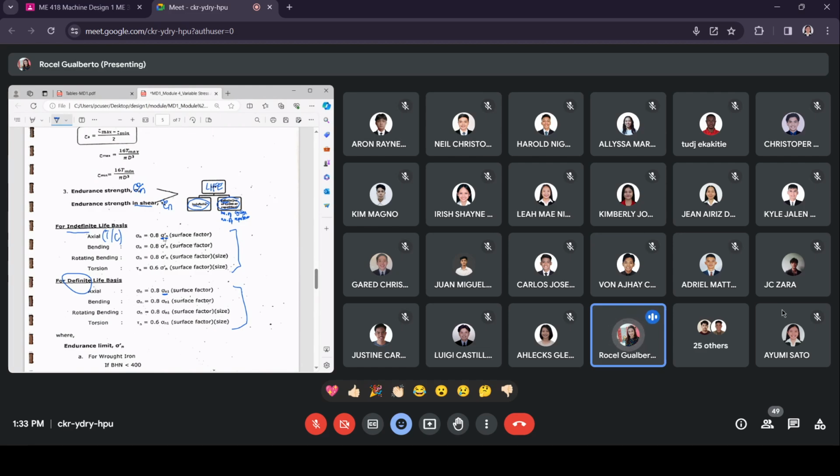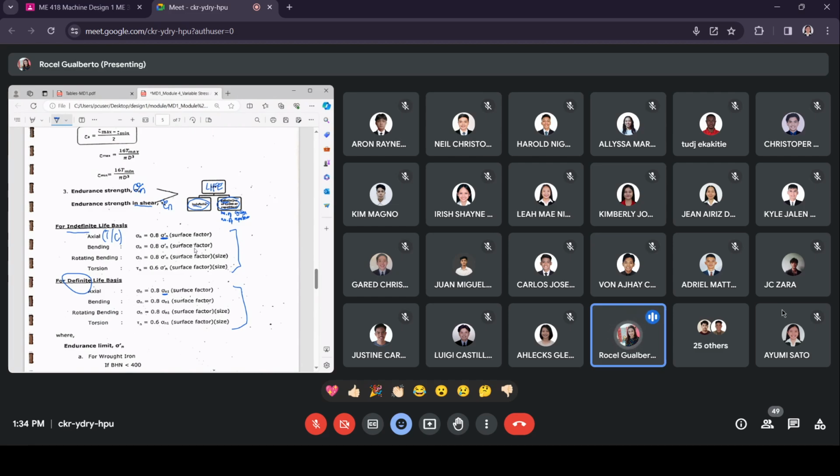Let us have the parameters for each of these equations. For axial, meaning tension or compression, sigma n is equal to 0.8 sigma prime n times the surface factor. That is the same with bending, the same equation.